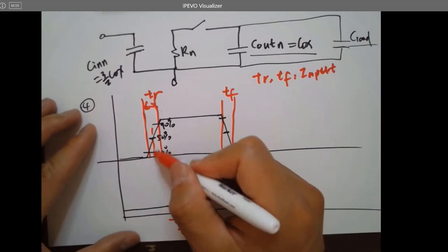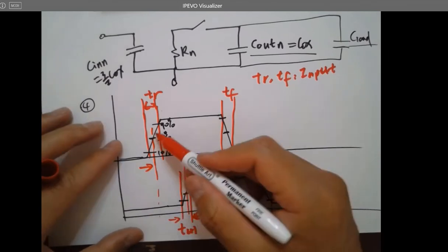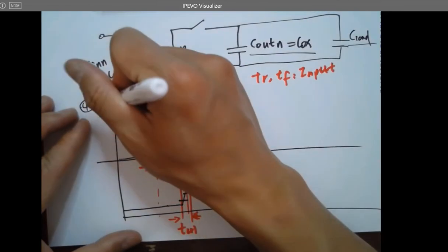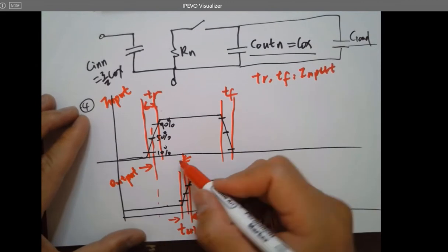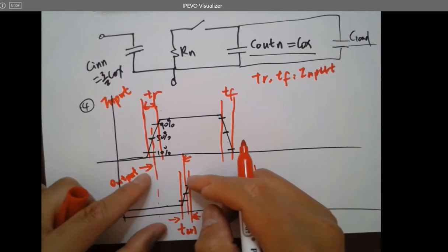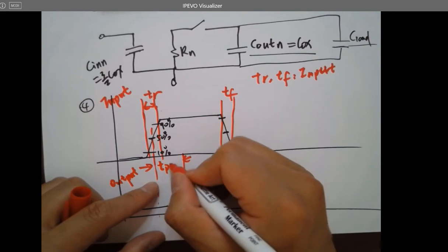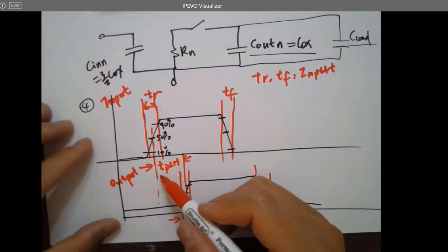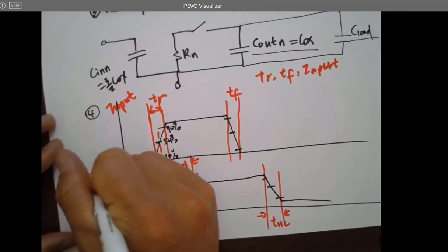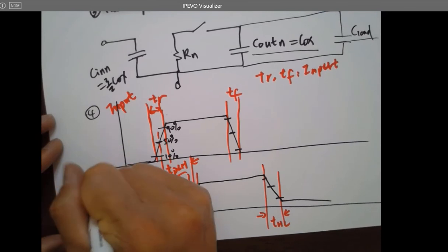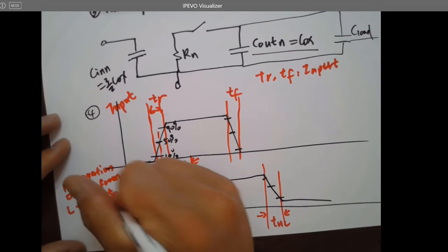And for these two signals, input and output, at 50% of the amplitude, 50%, 50%, this time difference between the input and output is called TPLH, the propagation delay from low to high at the output.